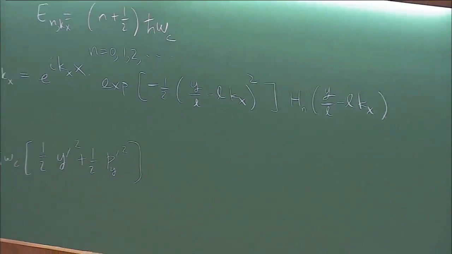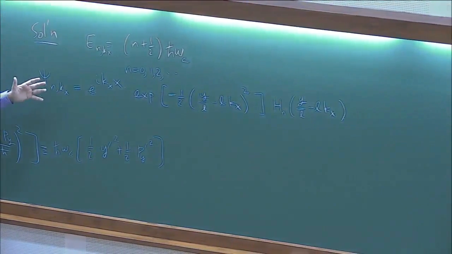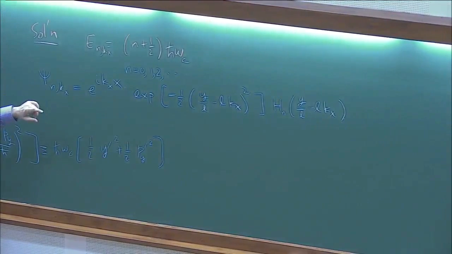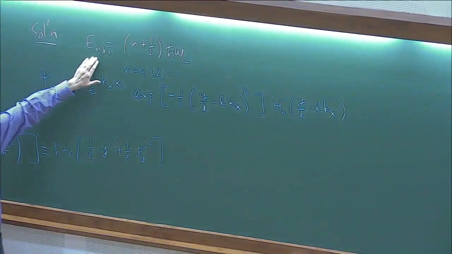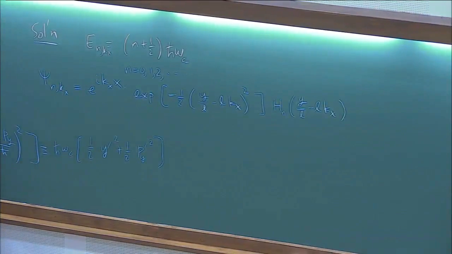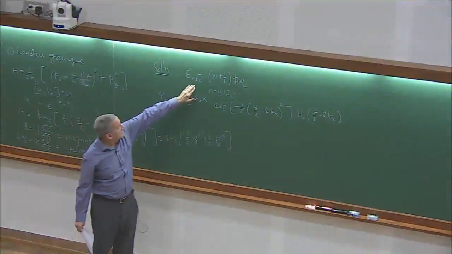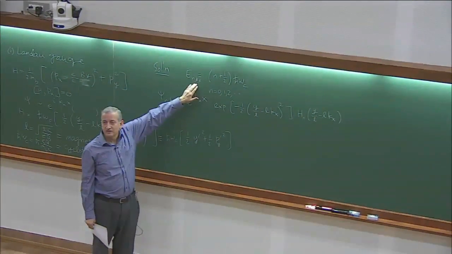Okay, so if you look at this, a couple of things are pretty noticeable. First of all, the energy does not depend on the wave vector kx. So typically we are used to thinking of energy as depending on kx and ky. In this case, the energy is completely independent of kx.